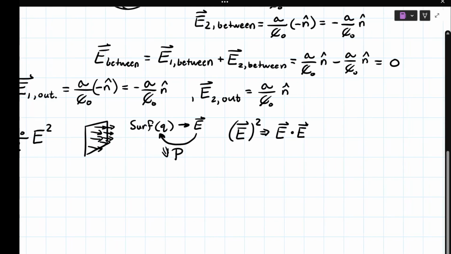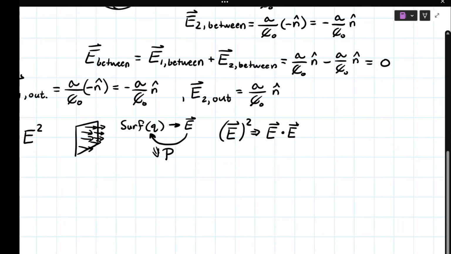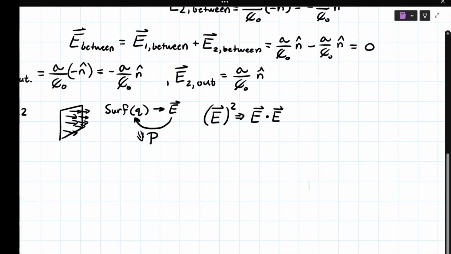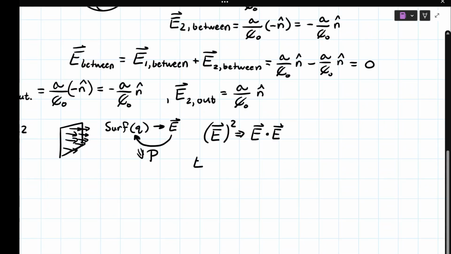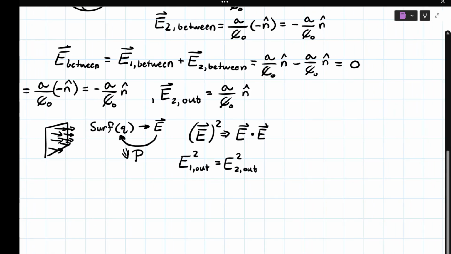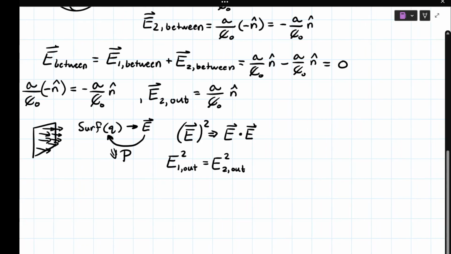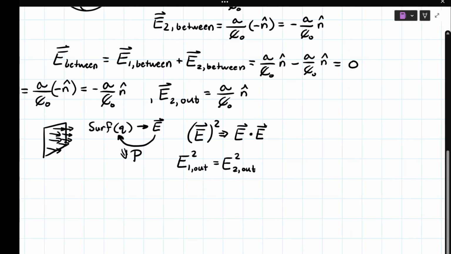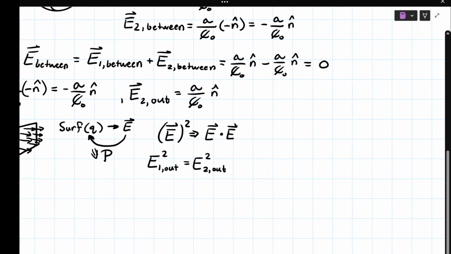And if I do it with two positive, single component vector fields, exactly the same, it gives me the same output. So E squared for 1 outside is going to be equal to E squared for 2 outside, just because you're squaring a negative. You'll get the same result, because they have the exact same charge in the exact same area, and that's what matters, okay?